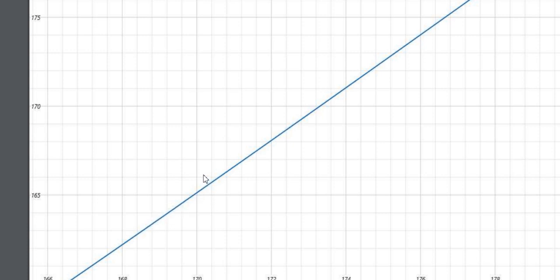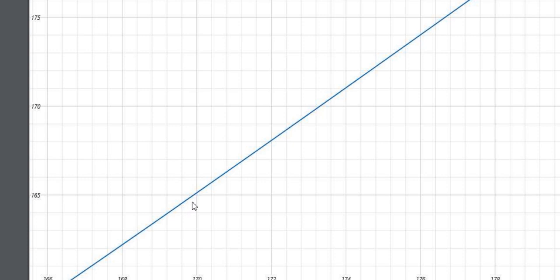You see this axis here, we have 1, 2, 3, 4, 5, but the x-axis goes by 168. 168 is divided into 5 pieces. So it's very, very accurate here.